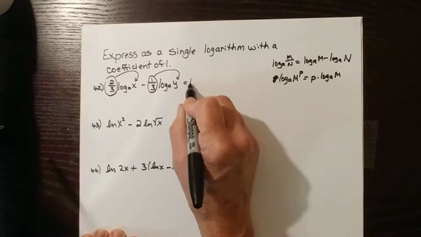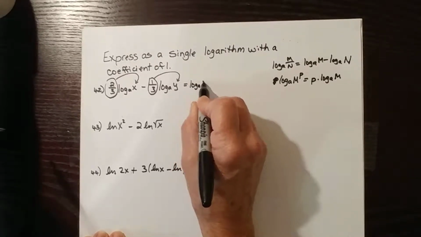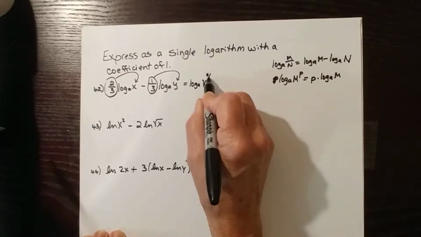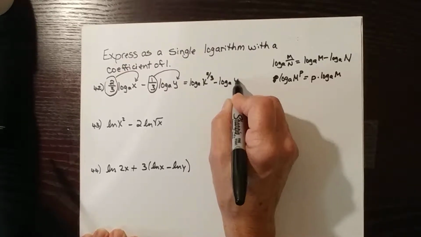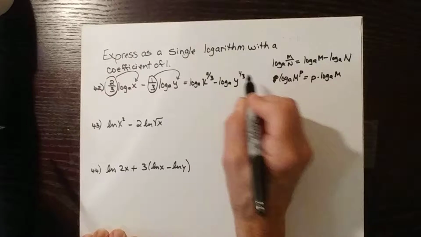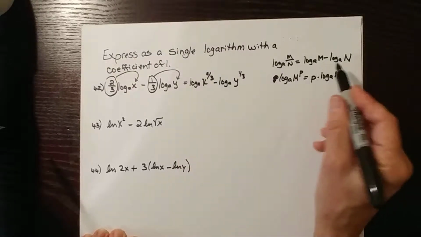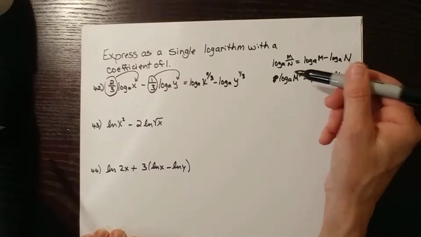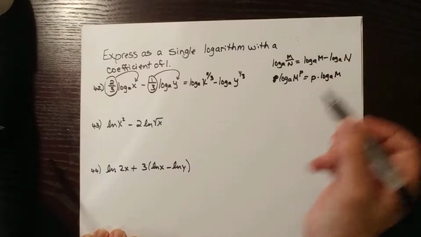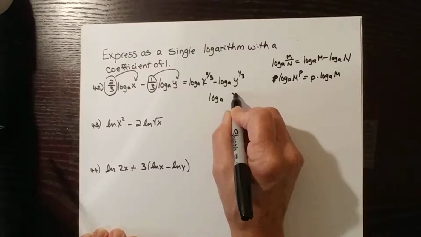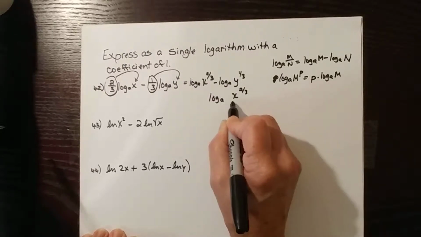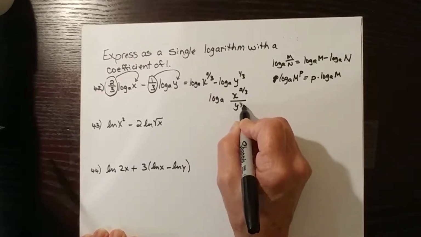So this is equal to log base A of x to the 2/3 minus log base A of y to the 1/3. Then I can use the quotient rule, and I'm working this way. I'm going to write it as a fraction. This is log base A of x to the 2/3 over y to the 1/3.